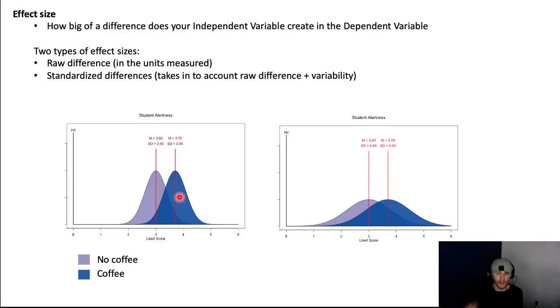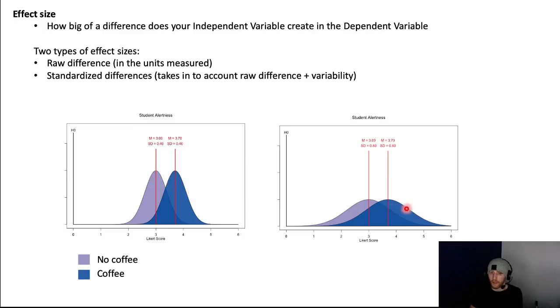The answer would be quite highly yes. There's some students down here, look, if you look at our distribution, some students down there that don't have such a high score as the average of a control, someone who hasn't drunk any coffee, but the majority of students on average would have more alertness than someone in the no coffee condition.